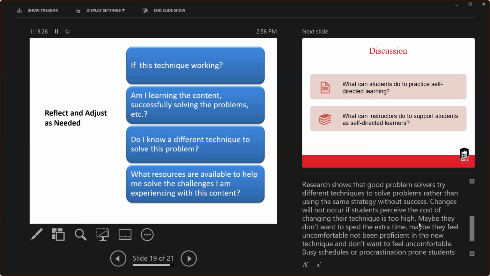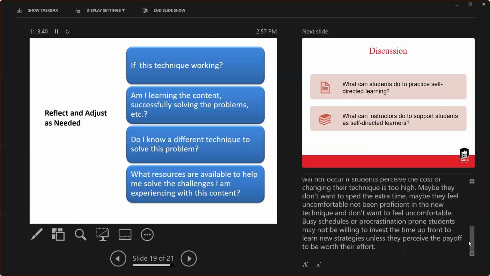And so, you know, we need to encourage them to learn these new techniques, encourage them to be open, and let them know that, yes, there are going to be challenges, that's part of the learning process, but we're there to support them.